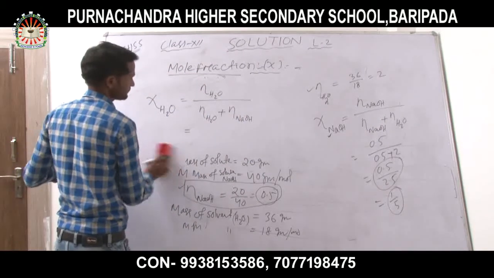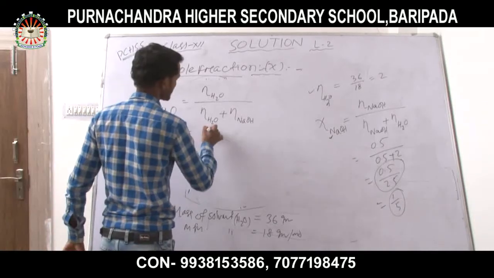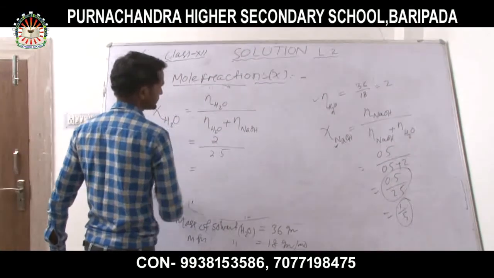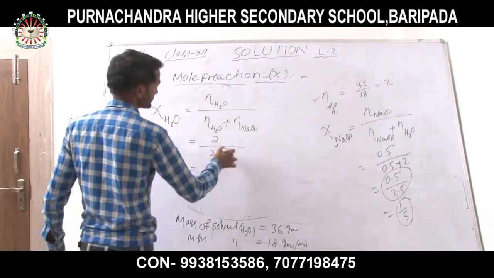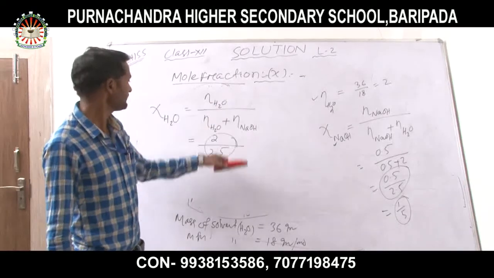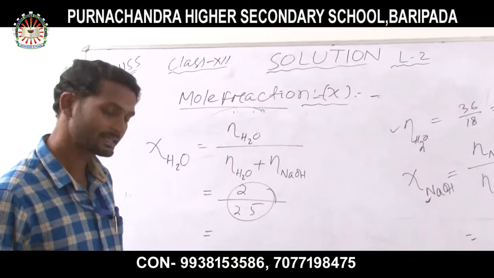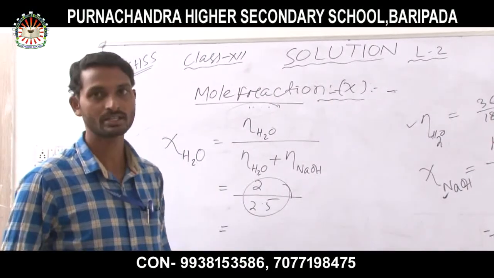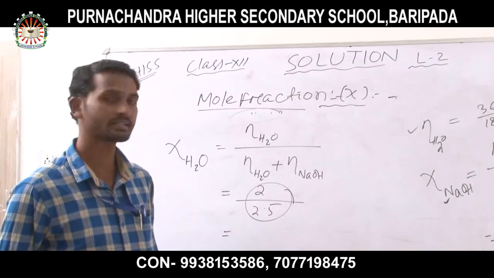Now the number of moles of water is 2, divided by 2.5. You can calculate it. So it will be the mole fraction of solute and solvent. Like that you can solve every problem in your books, that is ABC, non-ABC or your Kalyani publication textbook.